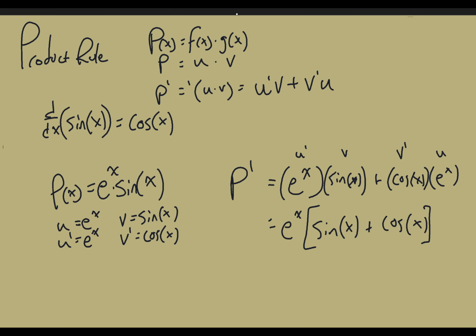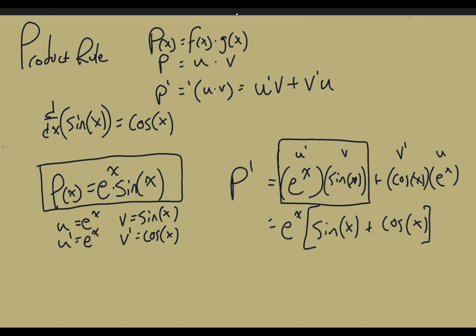One of the cool things you can see here is that this original function, e to the x sine of x, is right here. So you could even write that p prime is equal to p plus e to the x cosine x. Isn't that strange? We're getting into a world that's going to come a few math classes later.